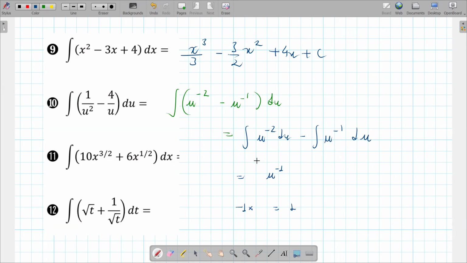Negative 1. So you have negative 1 u to the negative 1 minus, what's the integral of u to the negative 1? Remember, that's a special case. If you add a 1, you'll get ln of x. The integral of 1 over u is ln of x. So this is 1 over u. The integral is ln x plus c, done.